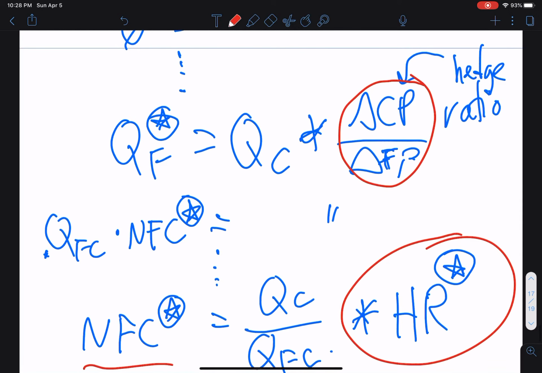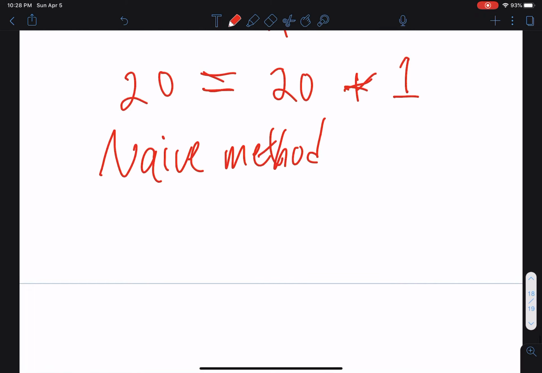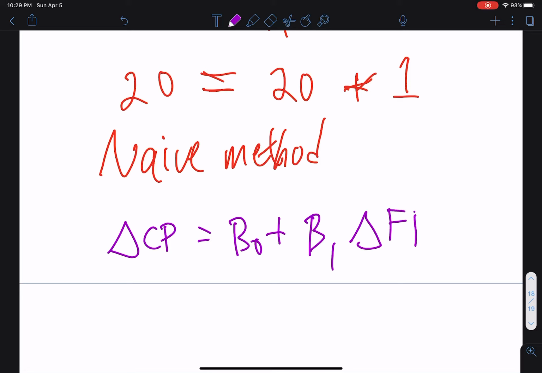Remember, the hedge ratio again is this. Don't forget, it's delta CP over delta FP. Another way of estimating that is to use simple regression and use an equation like this. The y variable, the dependent variable, will be the change in the cash price, and that would be equal to the vertical intercept beta naught plus the slope coefficient beta 1 times the change in the futures price.